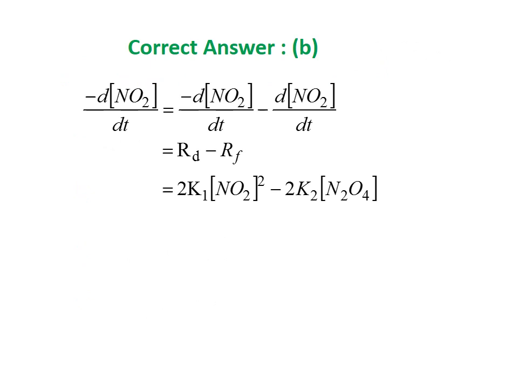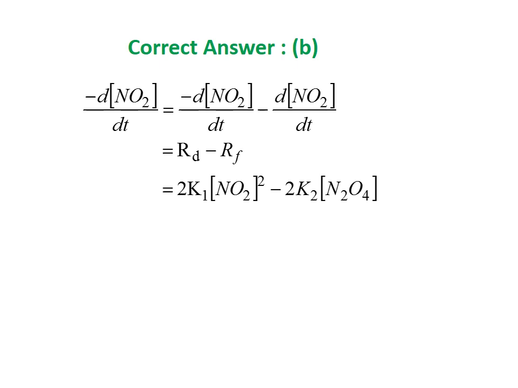Minus d[NO2]/dt will be equal to the rate of disappearance minus the rate of formation. The first step is the rate of disappearance. The second step is the rate of formation.